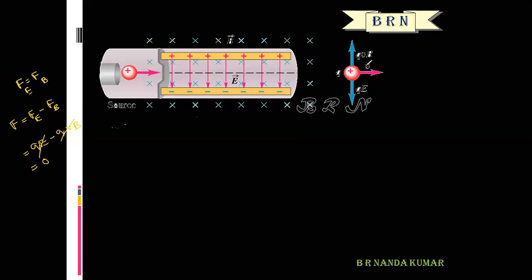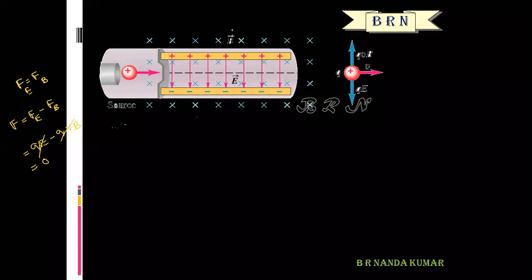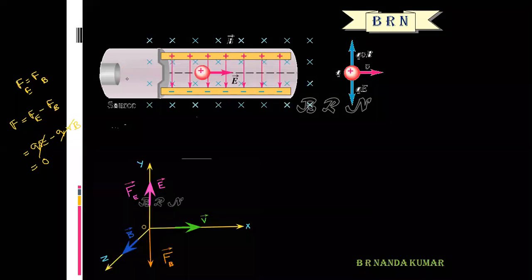Both forces are equal but opposite. So what is the net force acting on the charged particle in this case? That is 0. That is why the charged particle is here moving along the positive x-axis.